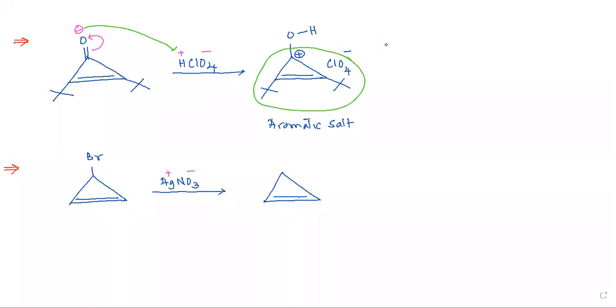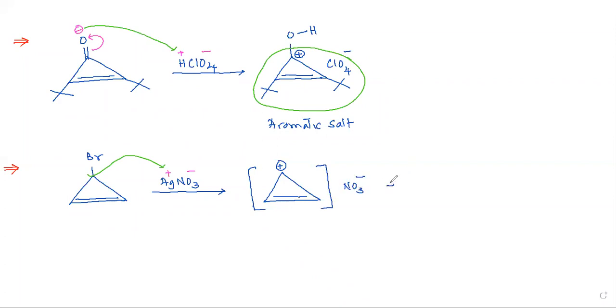See, from this, we can actually remove AgBr. Then what happens is you get a positive charge. Yes, it has become aromatic.